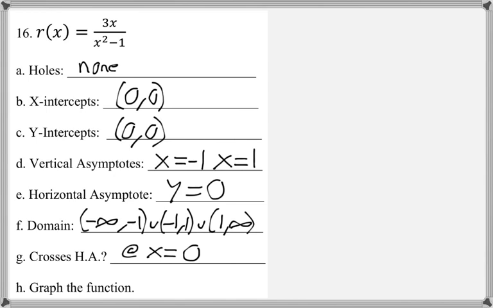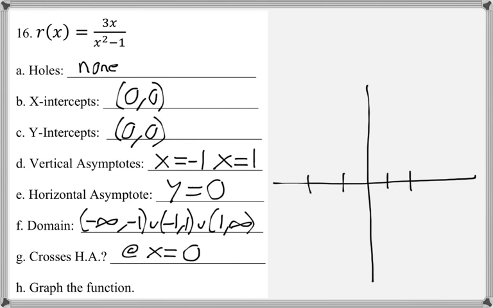Okay, so then the graph, I want to sketch the graph, and it doesn't need to be perfect. And if you want to use the calculator to get the general shape, you can. Let me do the asymptotes first, though. So we know it's at negative 1 and 1.